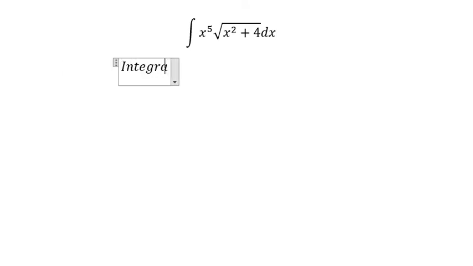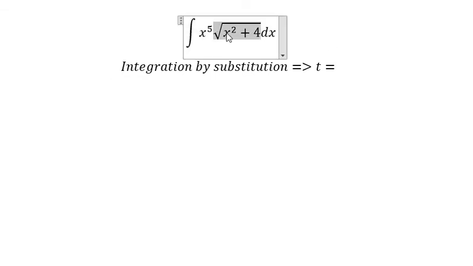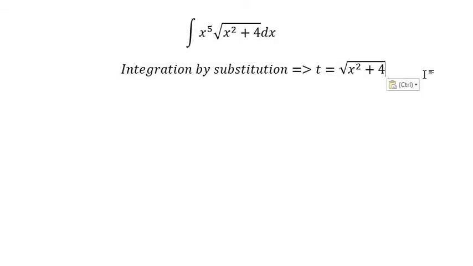In this situation, we can use integration by substitution. We put t equals this square root. Now we can square t, so we can eliminate the square root in here.